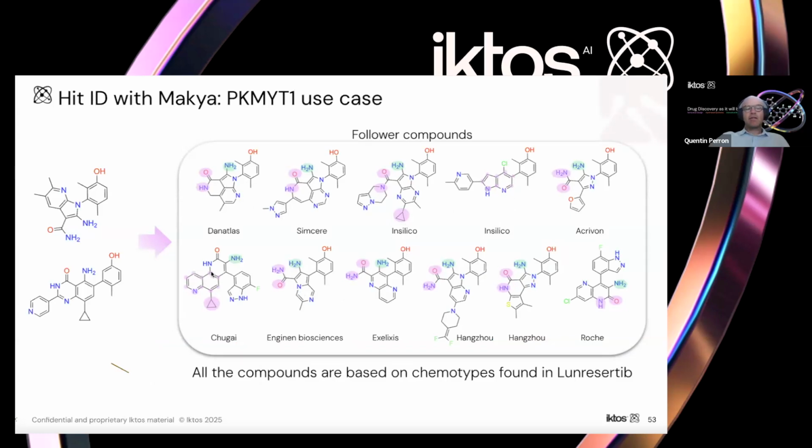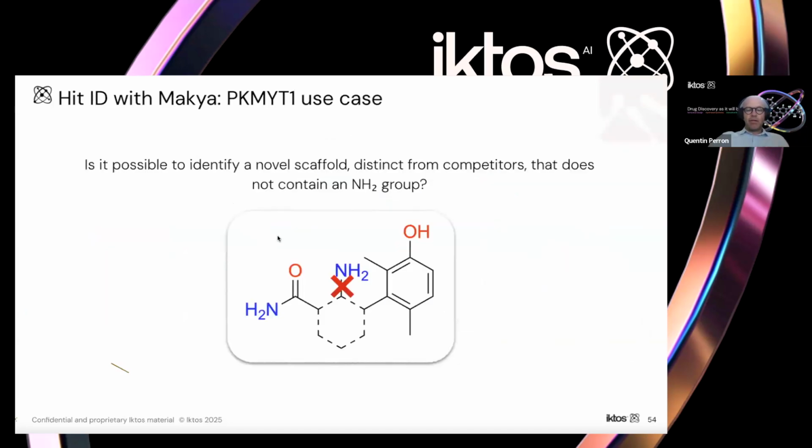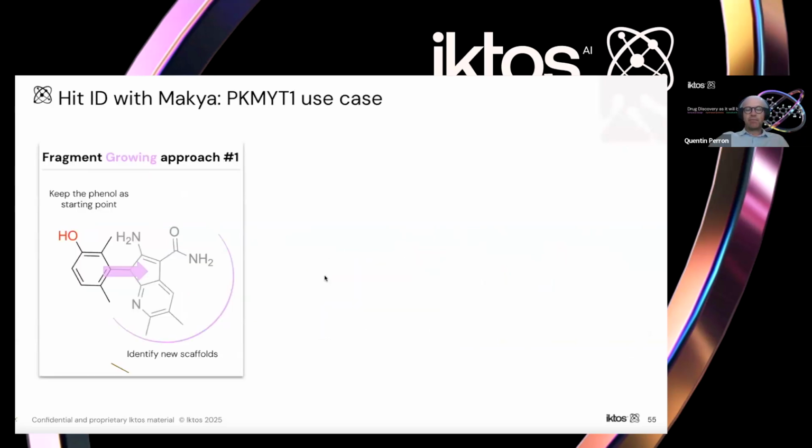So we asked ourselves, can we use our GenAI to produce something totally different from all those scaffolds and see how it goes and see the activity. So this was the goal of this generation, being able to produce something which does not contain this NH2 moiety.